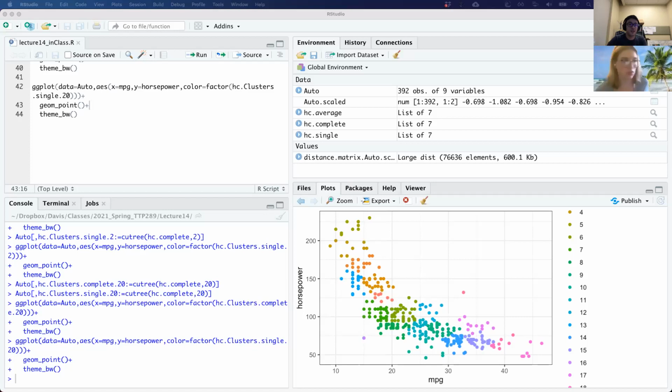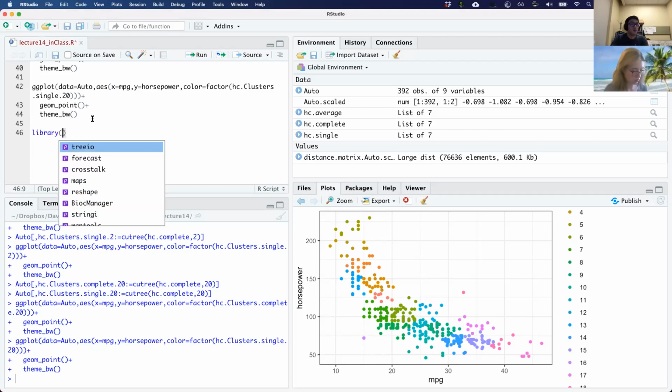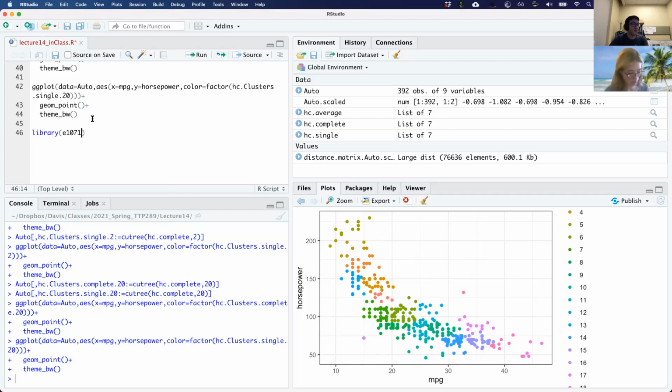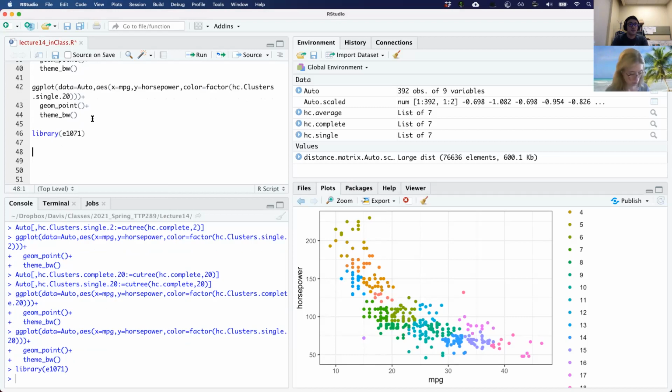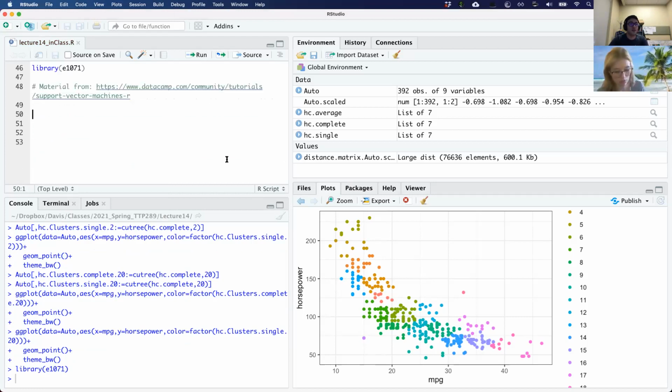So we'll jump back on over to R. And I'm going to load one more library. We're going to actually look at an example from this DataCamp here.